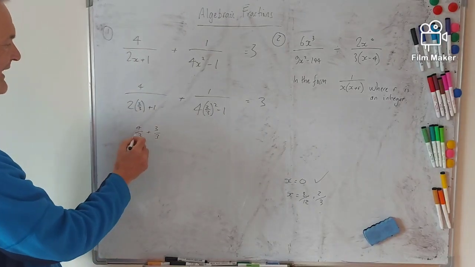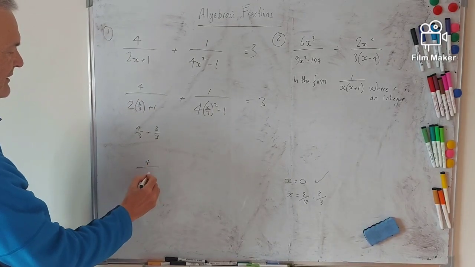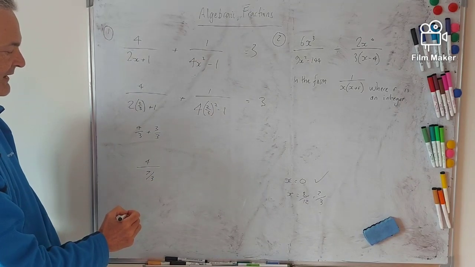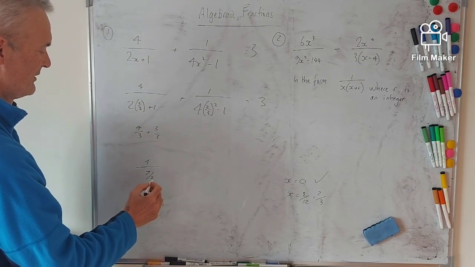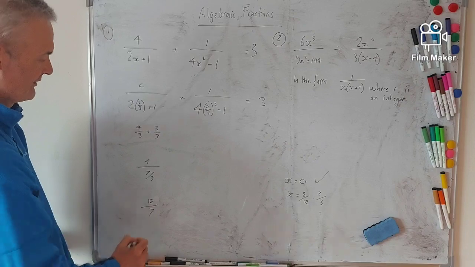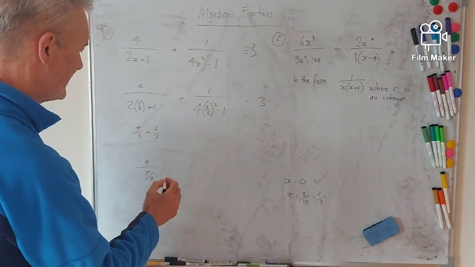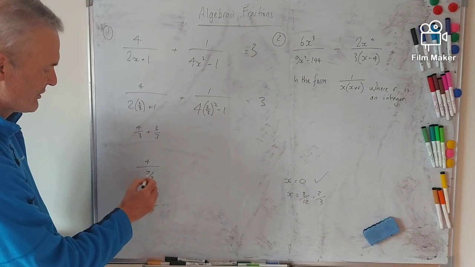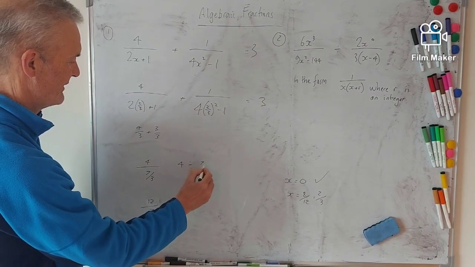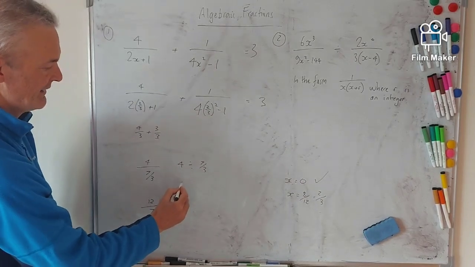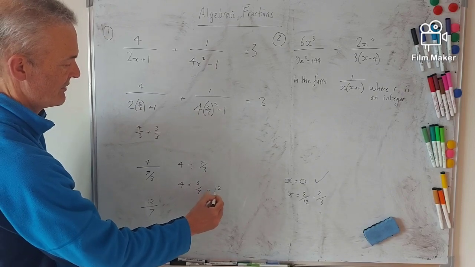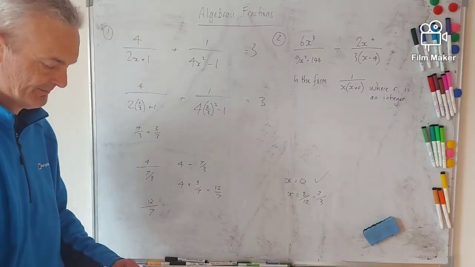Okay, so I can add these two together, so we're going to get 4 over 7 over 3, like so. So if I pull the 3 to the top, that's going to give me 12 over 7. If you're not sure what I'm doing here, I'm imagining it's 4 divided by 7 over 3, and then I'm saying 4 times 3 over 7, which is 12 over 7. That's how I'm getting that.